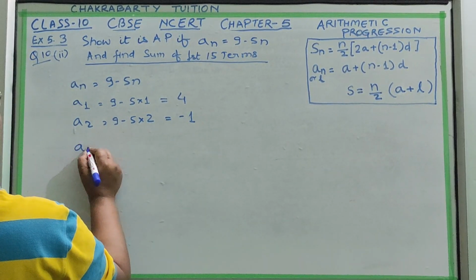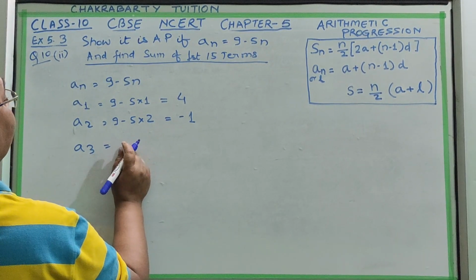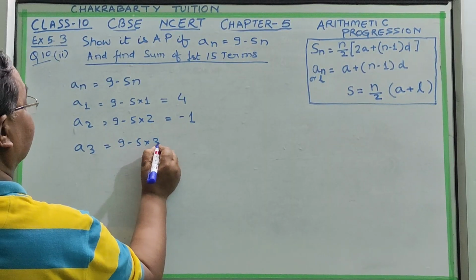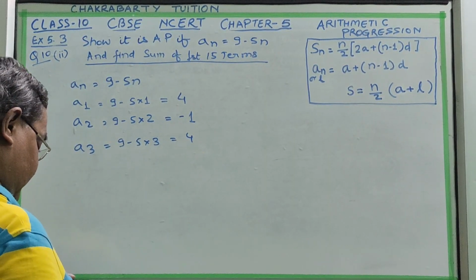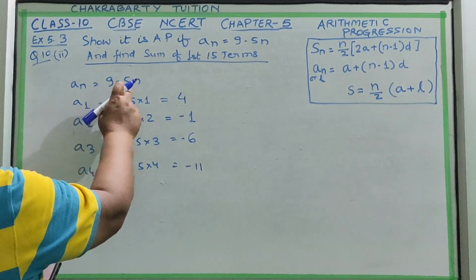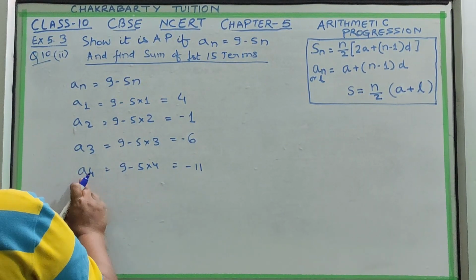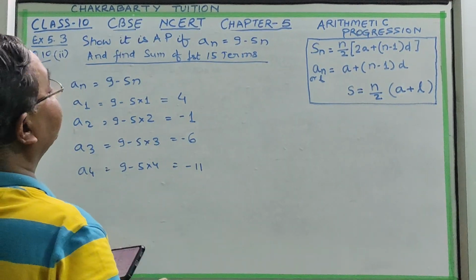Then a3 is equal to 9 minus 5 into 3. So by putting the value of n, we have found these: a4, a3, a2.